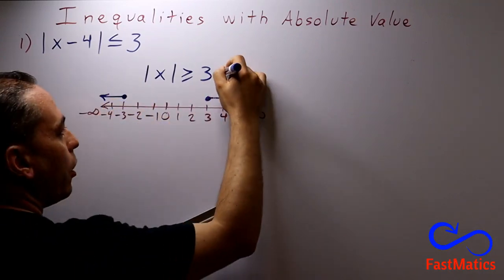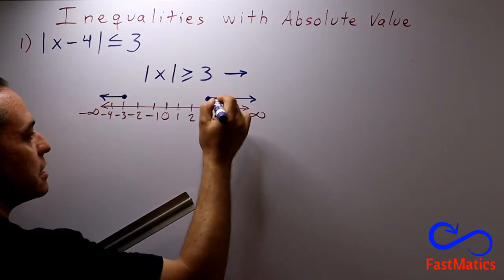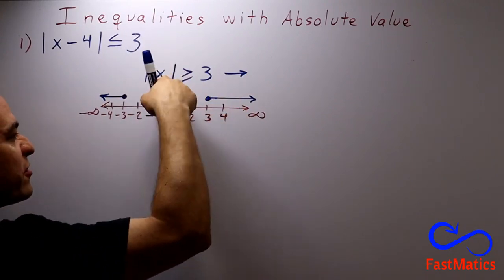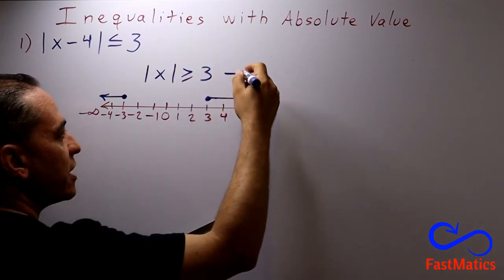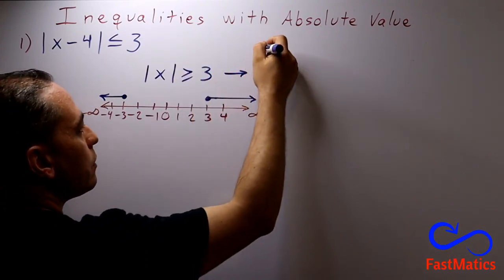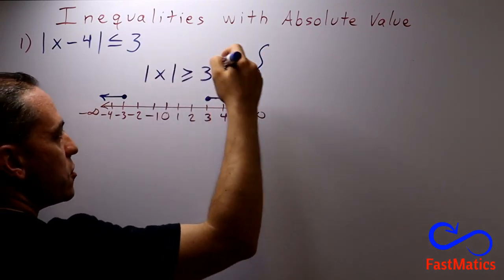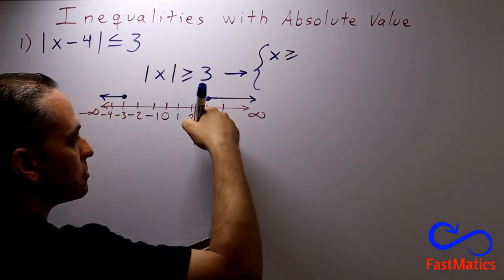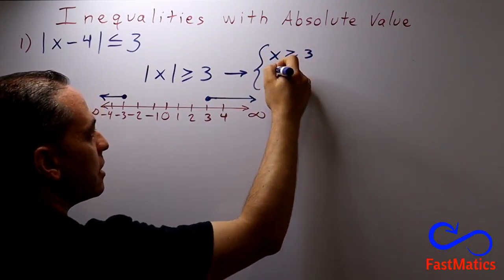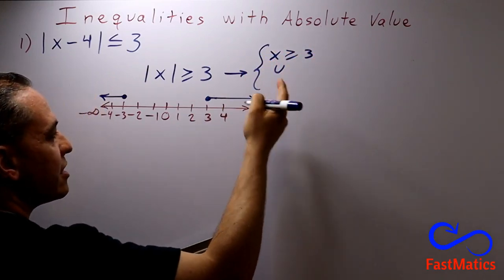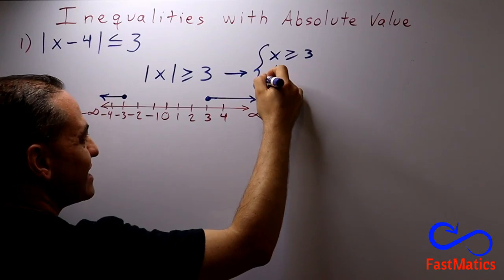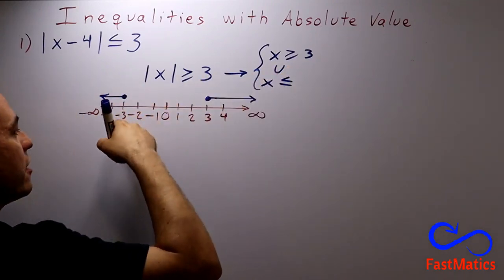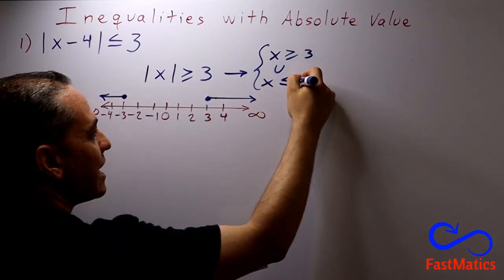That is, always when you see the absolute value of something greater than or equal to another thing, you will write the expression inside the absolute value greater than or equal to this number in positive, and the union with the expression inside the absolute value less than or equal to this same number in negative.